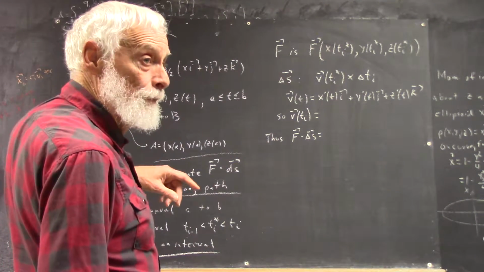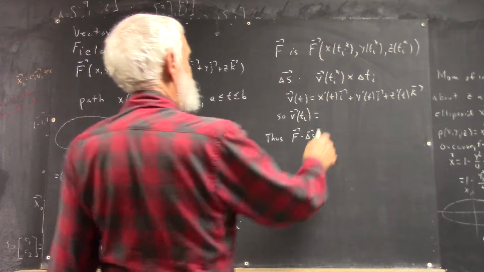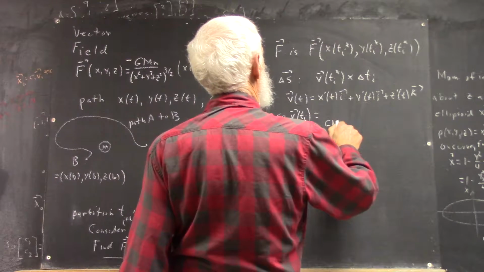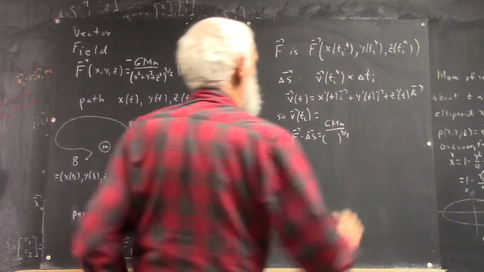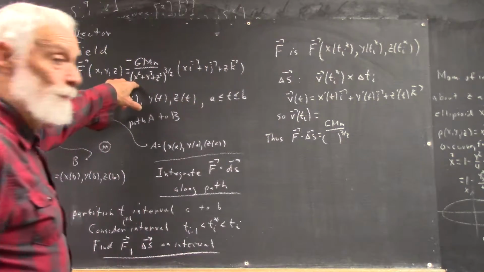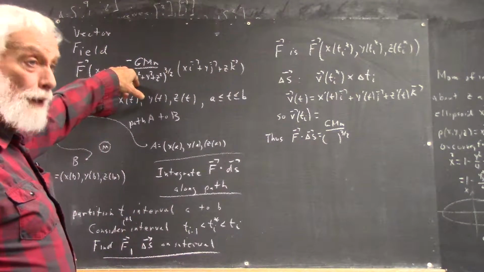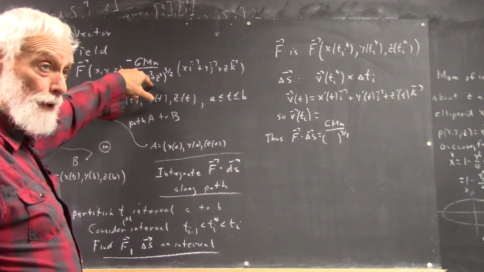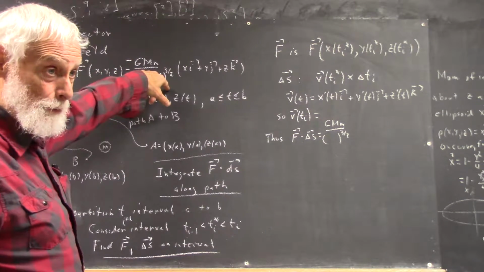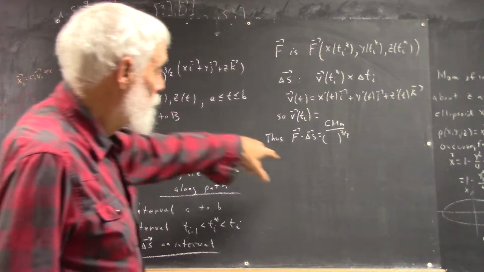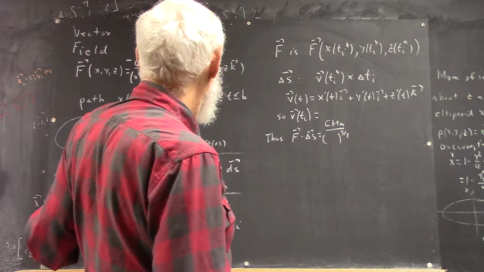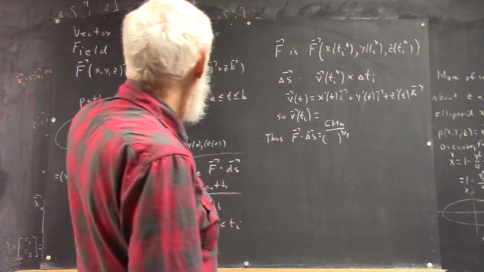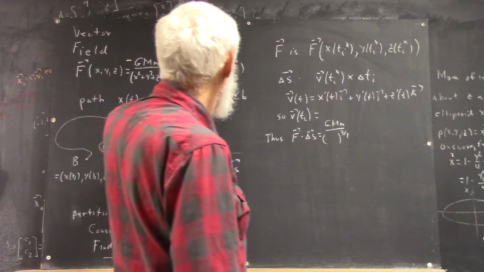Okay? Now it's going to be G big M little m over this thing to the 3 halves, where this thing is x of t_i star squared plus y of t_i star squared plus z of t_i star squared, right? So I'm not going to write that out because what I really want to do is write out this times the vector, right?